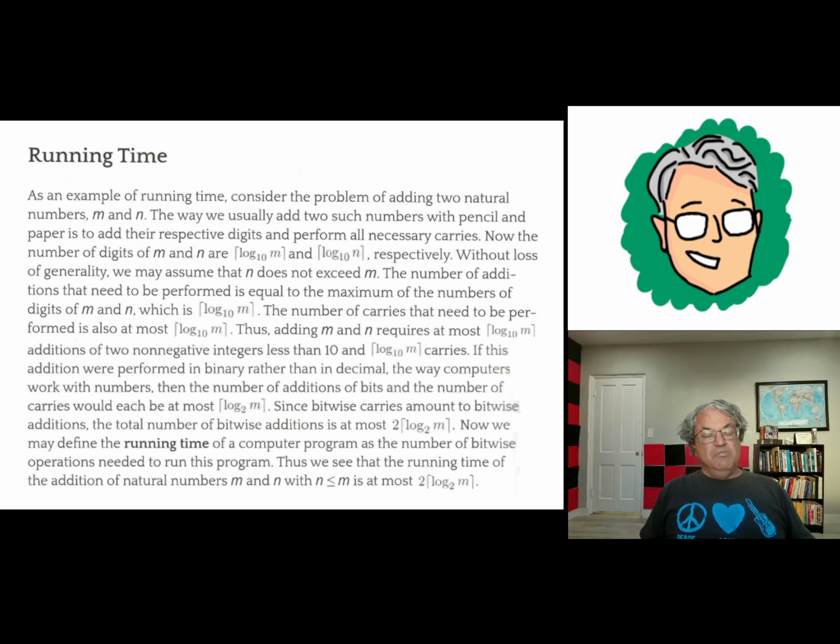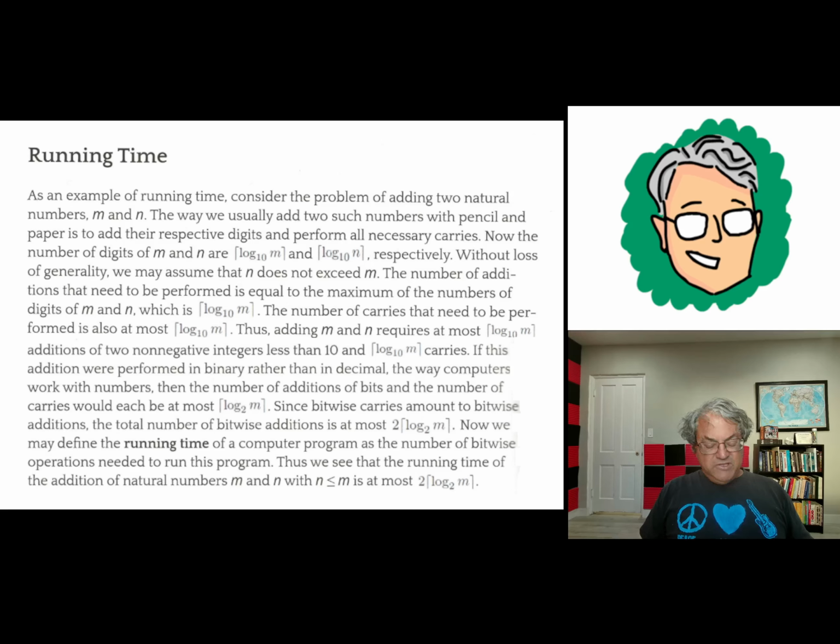But computers don't work in decimal, they work in binary. So if you're adding two numbers on a computer, it first converts them to binary. I'm not going to worry about the computational complexity of doing that. That's very fast, by the way. That's built-in code in the computer going on behind the scenes.